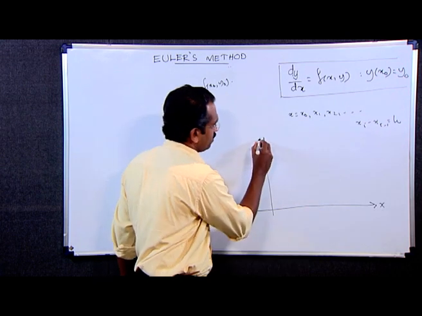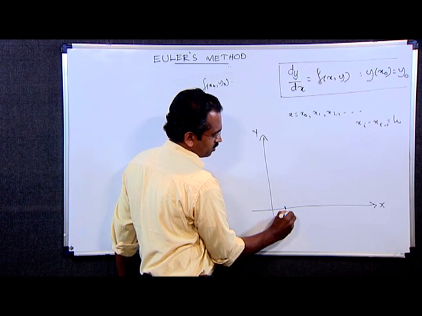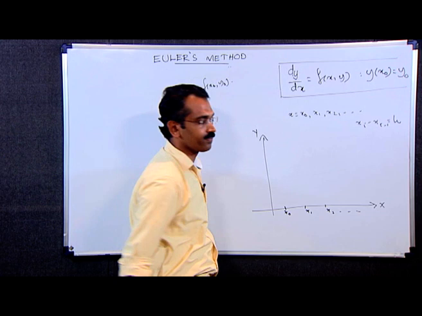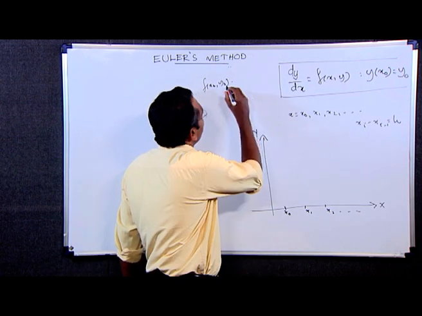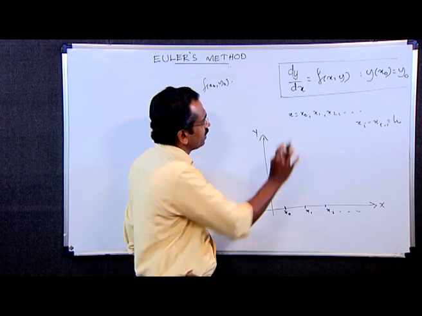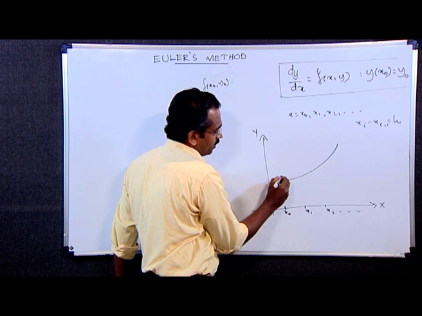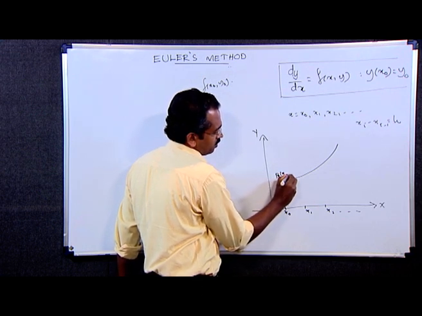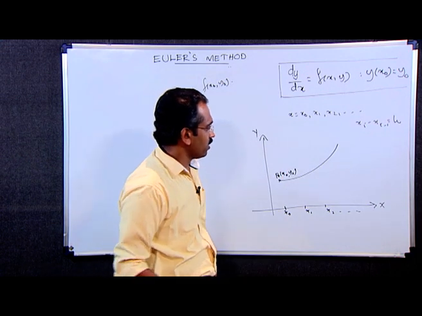This is the x axis, this is the y axis. Here x naught, x1, x2, etc. Now, x naught, y naught are given, therefore, the point x naught, y naught, which is denoted by P naught, will be on this curve.